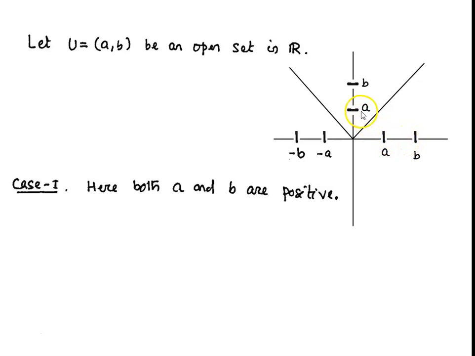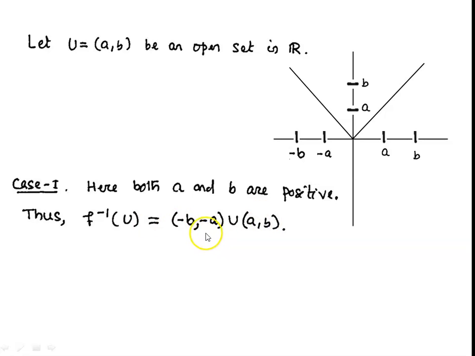That means inverse image of the open interval AB is union of two open intervals. This open interval minus B to minus A union interval A to B. So F inverse U, where U is an open interval AB and A and B both are positive, then F inverse of U is union of two open intervals minus B minus A union interval AB.